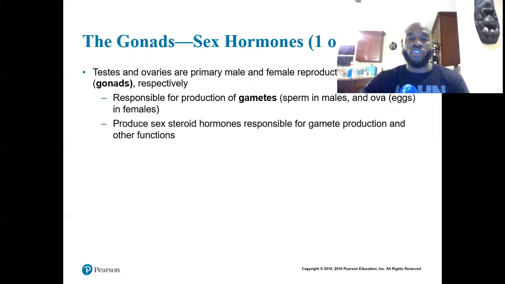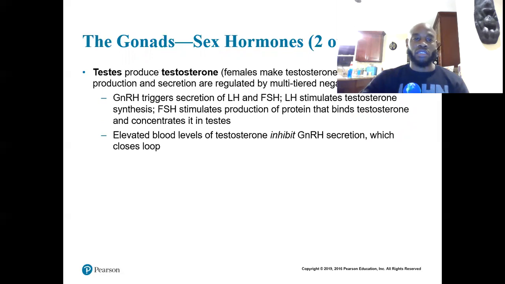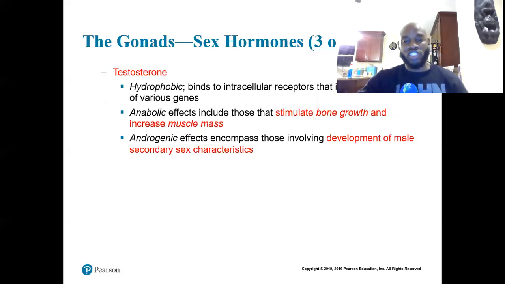Right? We have our sex hormones from the testes and ovaries, responsible for production of our sperm and our eggs. The testes produce testosterone. Testosterone is hydrophobic and binds to intracellular receptors that influence various gene expressions.